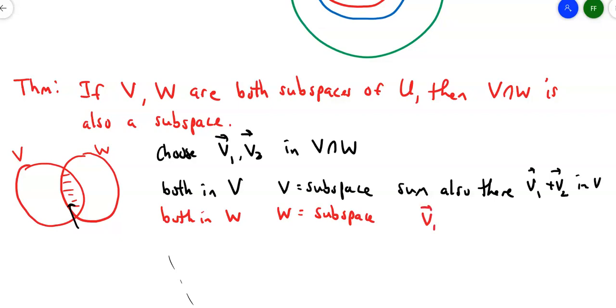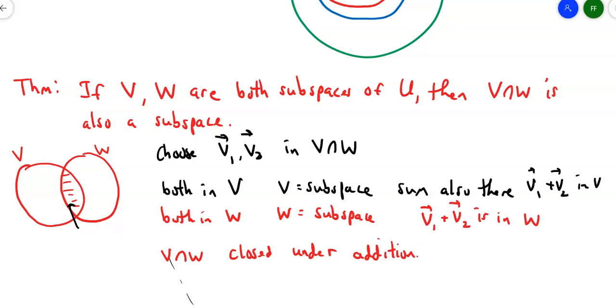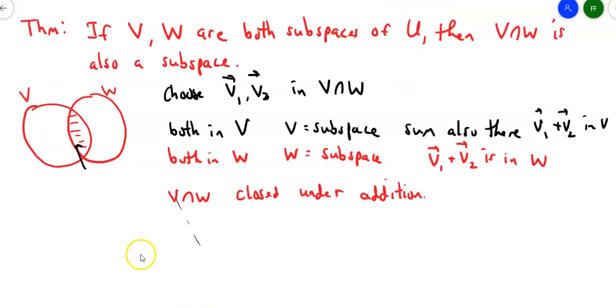So that must mean that V1 plus V2 is in W, which means that the intersection, V intersect W, is closed under addition. That's the first thing that I have to show. That is closed under addition, and I just showed it. I picked vectors that were in the intersection, and therefore the sum of the vectors is also in the intersection.